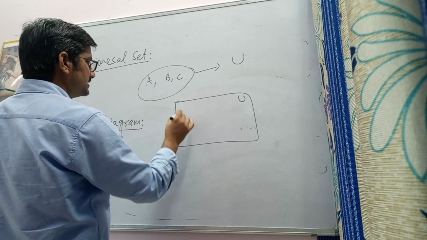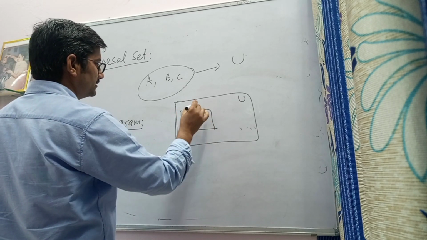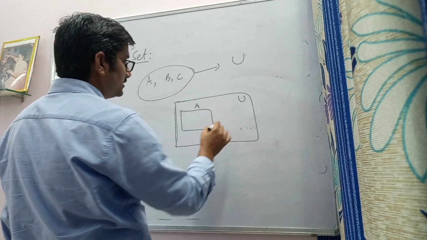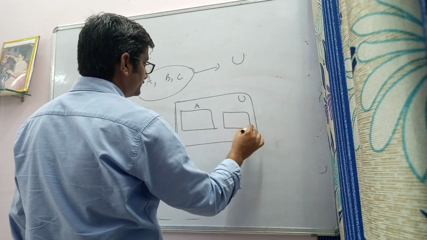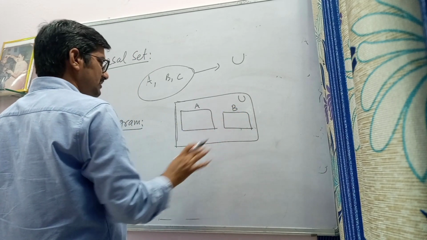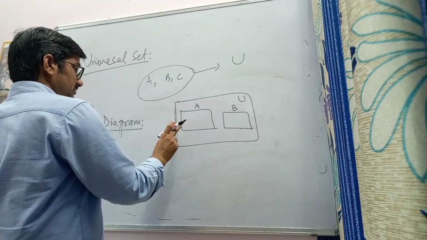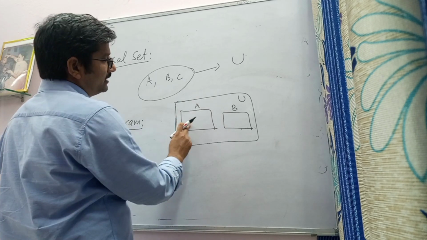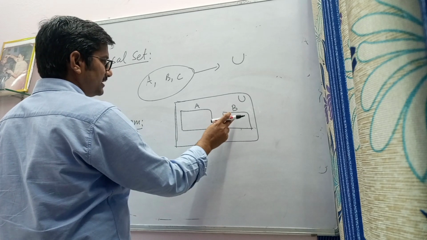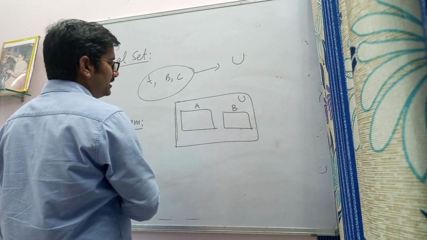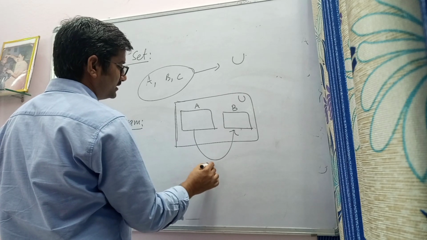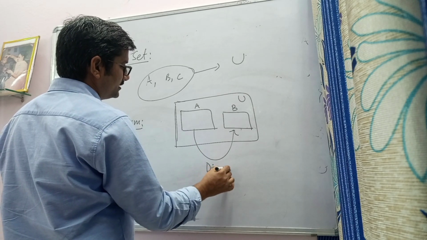We consider a set A here, and another set B here. These two sets are totally distinct. If no element of A is in B, and no element of B is an element of A, these two sets are totally disjoint. These are said to be disjoint sets.